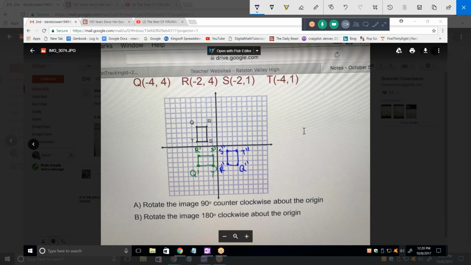Now, coming up with those coordinates is not automatic, but I think it's worthwhile if we do that right now. Tell me what the coordinates of S prime are. In fact, I'll write it underneath the coordinates of the black rectangle. S prime is -1 and what? -2.